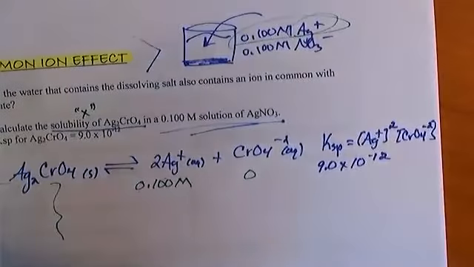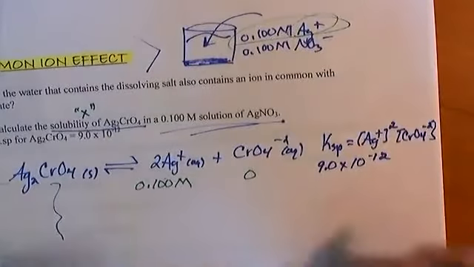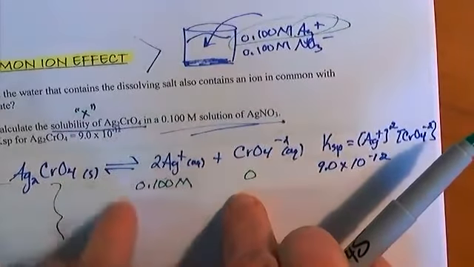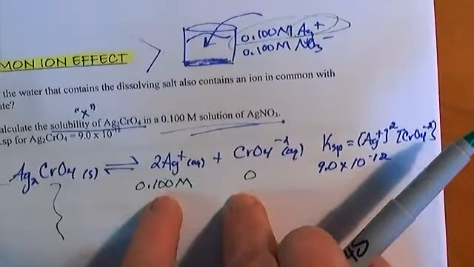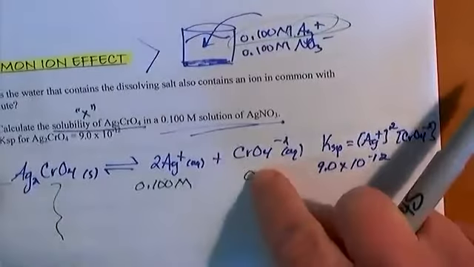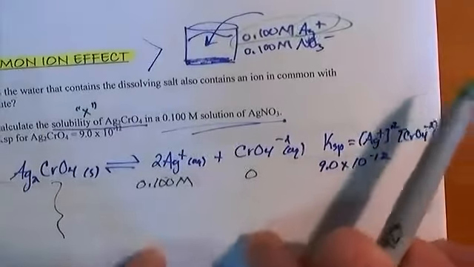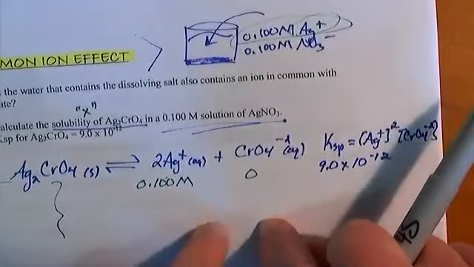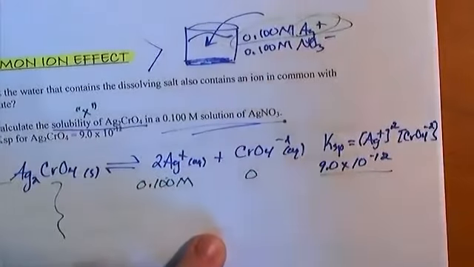Now, Le Chatelier's principle, I know that we could already forecast the impact on X based upon the initial presence of some silver. So we know this is going to work to get a certain amount of silver and chromate ions for equilibrium that will equal our KSP.